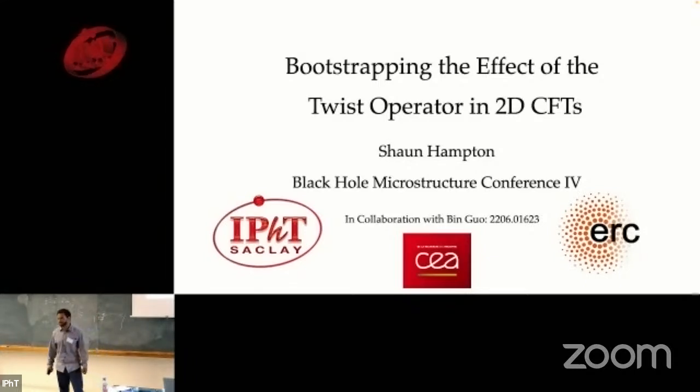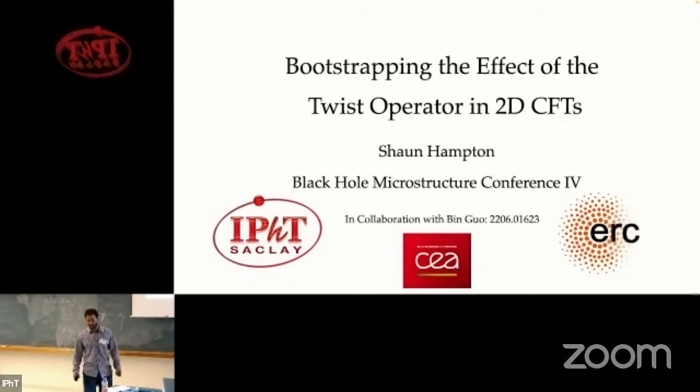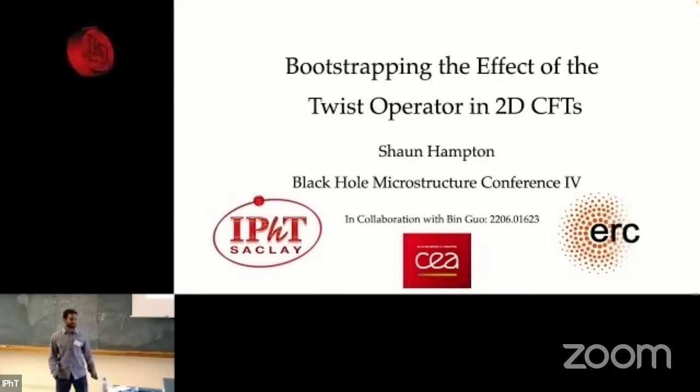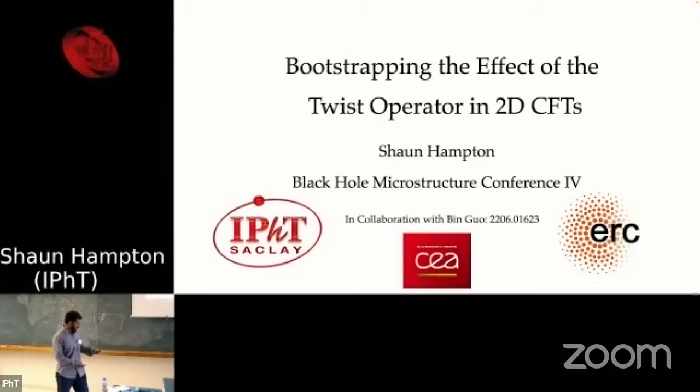You have something called a twisted sector state, and in the two charge case this is especially relevant in the D1, D5 system, where you have various twist sectors that correspond to microstates in the dual gravity theory. So that's what I'm going to be talking about today.